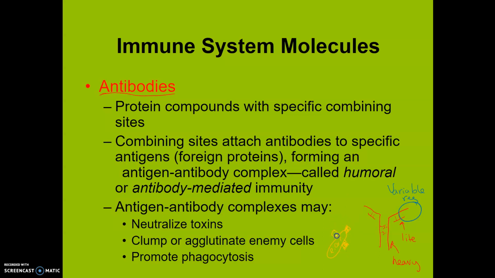Now, one of the things I want to mention to you right now, to not confuse, is we have names for the proteins on the outsides of cells, all right? In this particular case, we're going to call this protein the antigen, okay? And this whole structure here is the antibody.